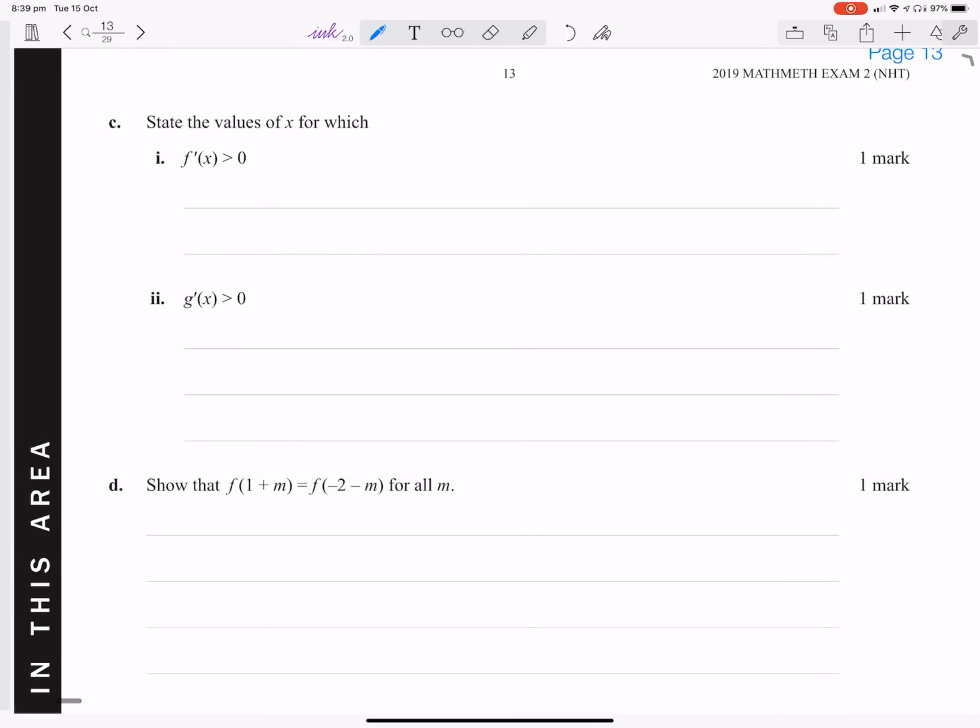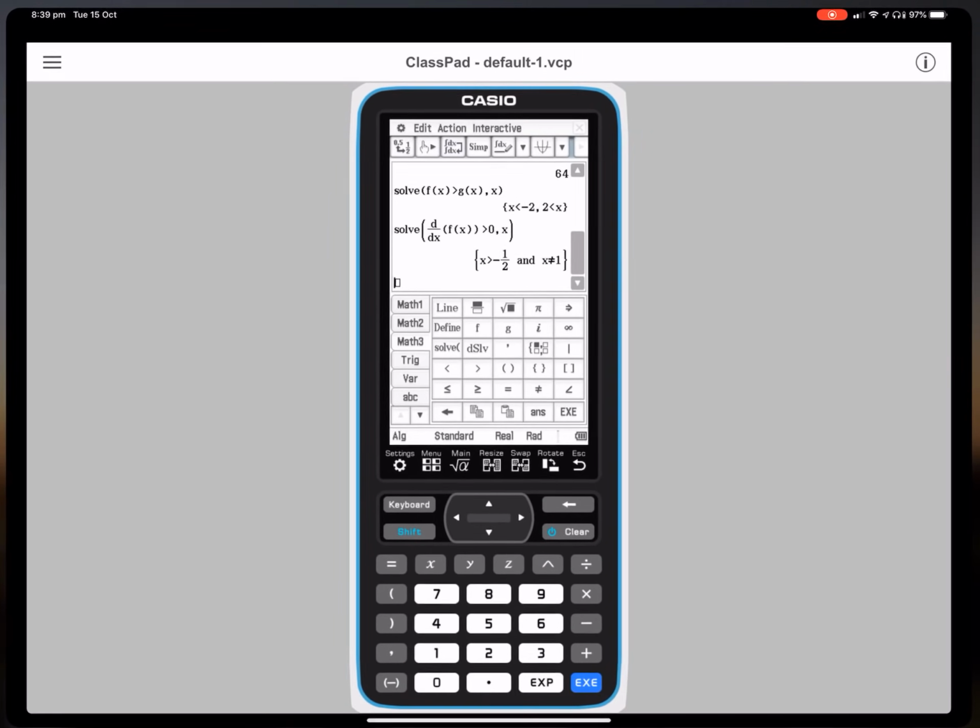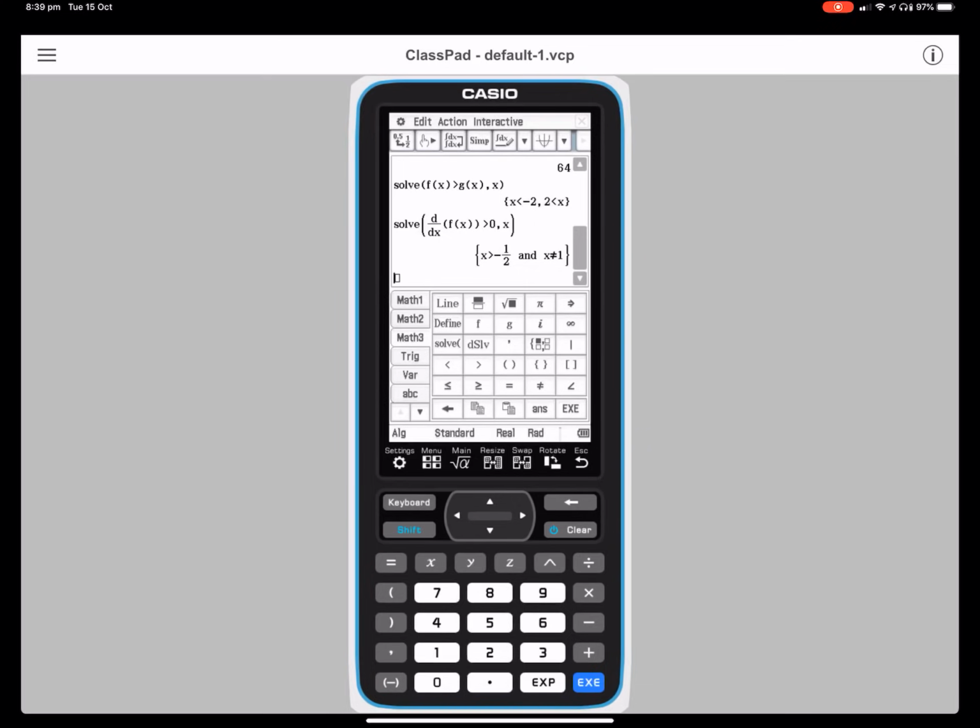So negative 1/2 to 1, 1 to infinity. I think that's right. Yep.